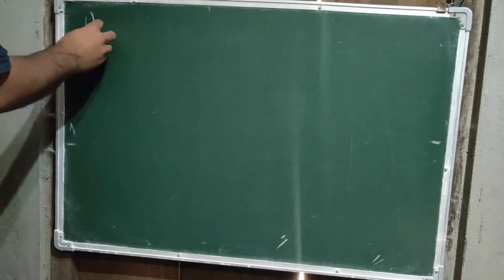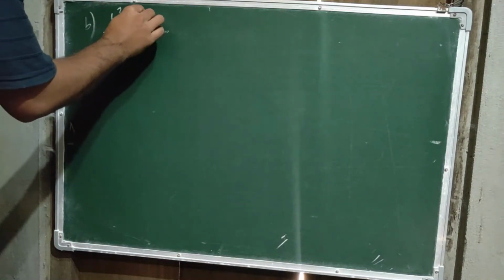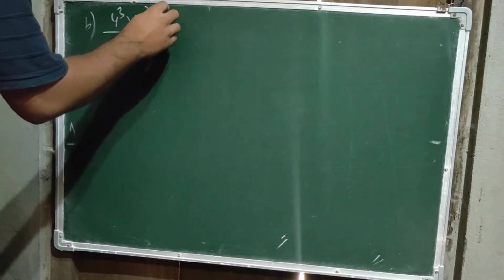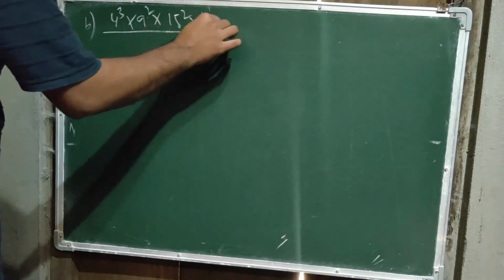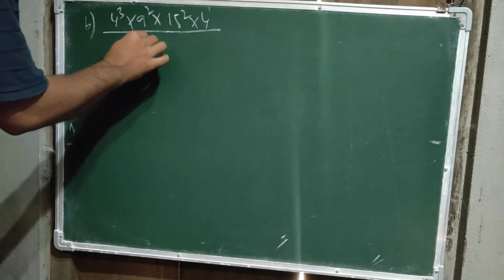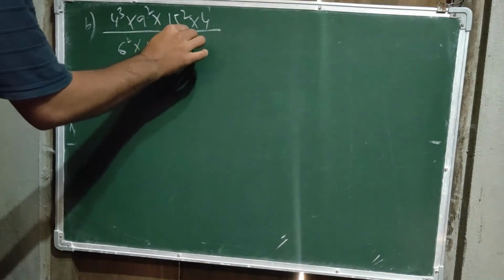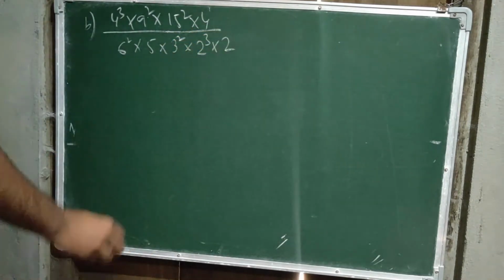Question B is (4³ × 9² × 15² × 4) / (6² × 5 × 3² × 2³ × 2).